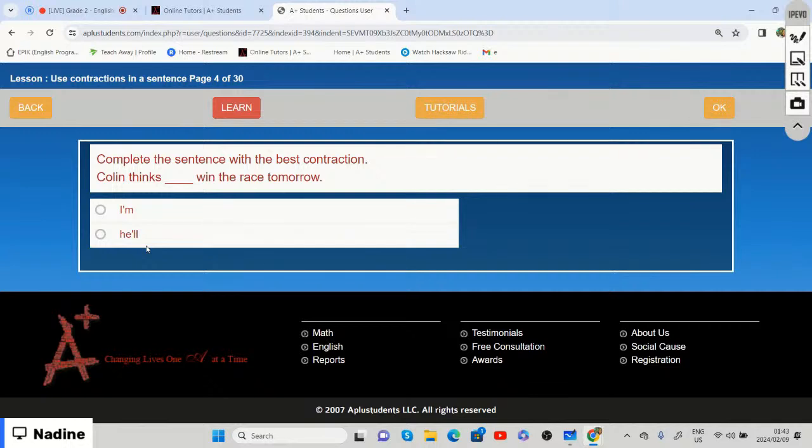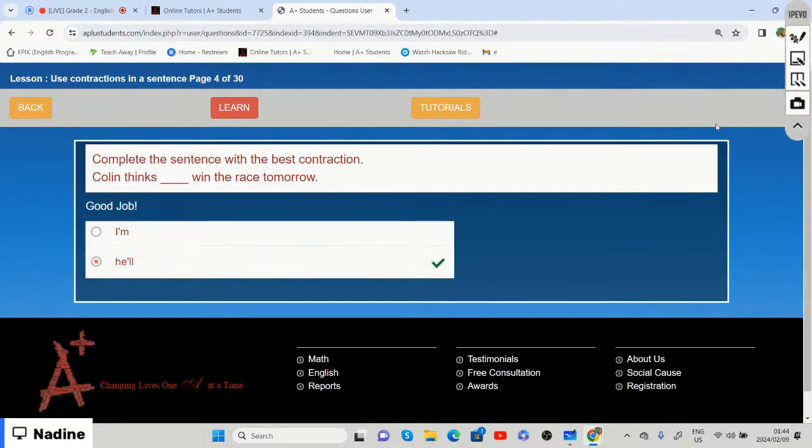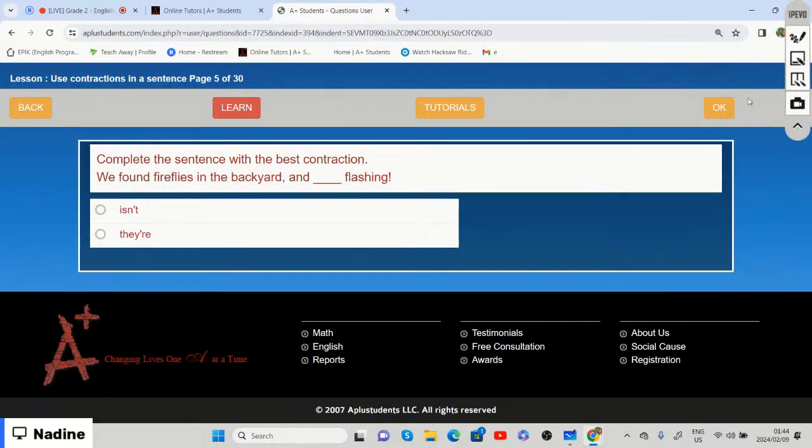So now they want to know, Colin thinks, do we say I'm win the race tomorrow, or Colin thinks he'll win the race tomorrow? And we can say Colin thinks that he, meaning he will, win the race tomorrow. So well done. He'll is correct.